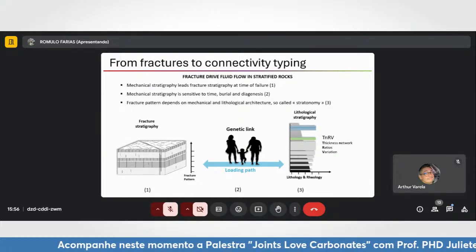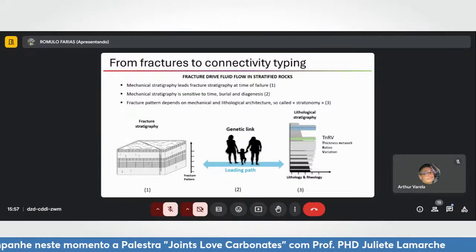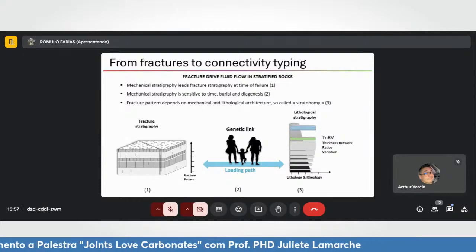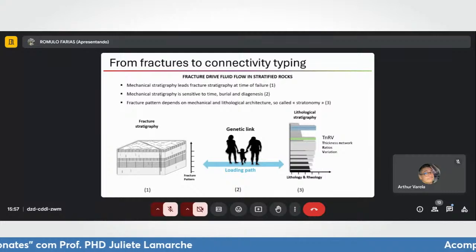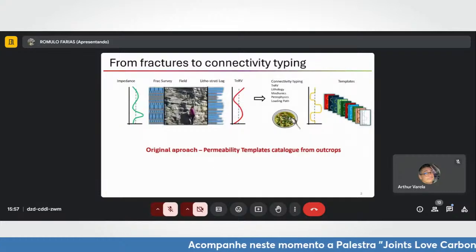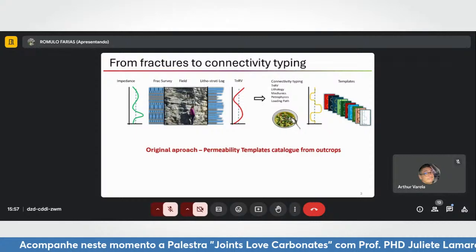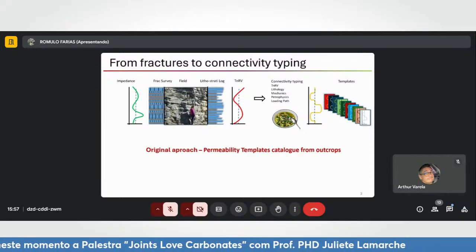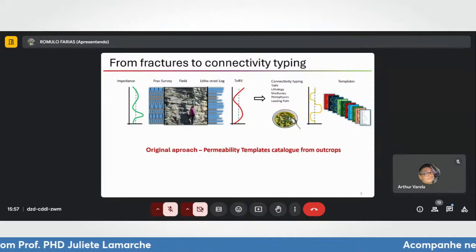I want to find quantification, and I want to fit it exactly in the carbonates, because we've seen that in the carbonates, it's not a linear correlation between bed thickness and fracture spacing.